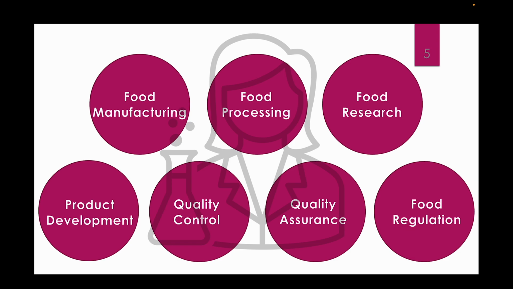Food research is a systematic study and investigation about foods and their components. Product development is the creation of new products, new flavors, new colors, a new variety of existing products. For example, Cheerios. That's a really common brand of cereal that I think everybody knows. Cheerios probably started with just one flavor, just the basic flavor.